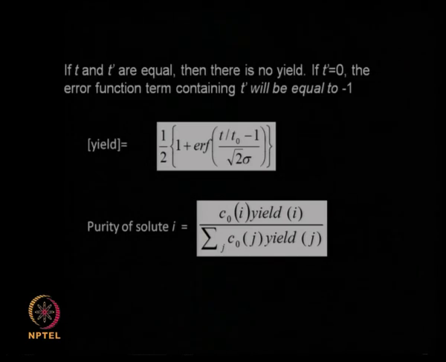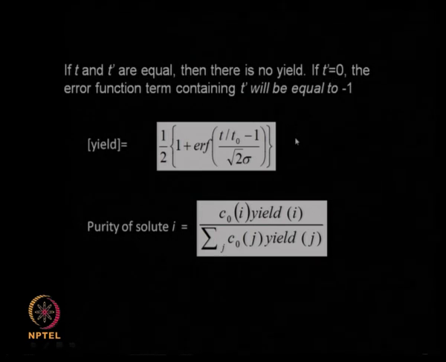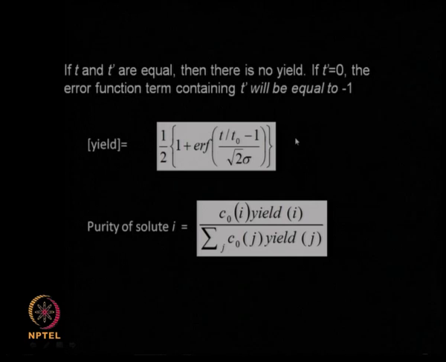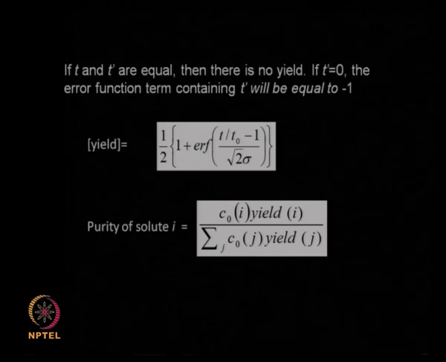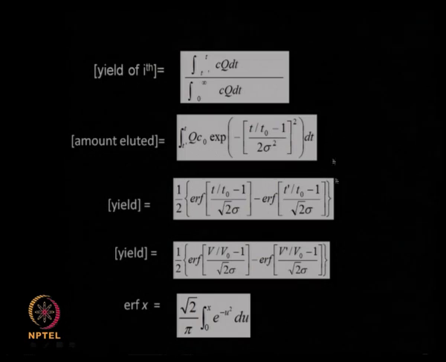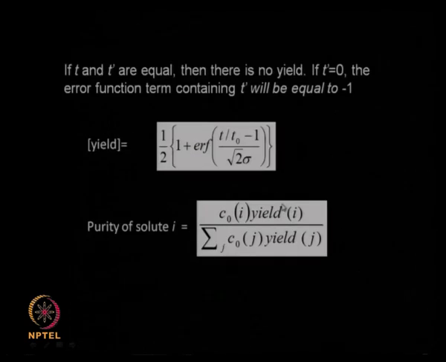If t and t dash are equal, then there is no yield, obvious. And if t dash is equal to 0, that means from time equal to 0 itself I have started collecting, the error function term containing t dash will be minus 1.